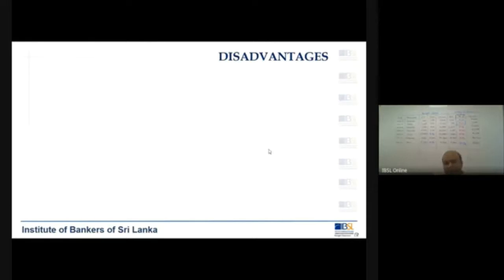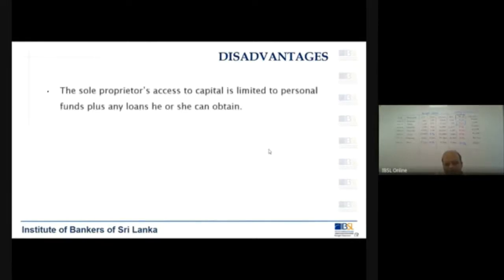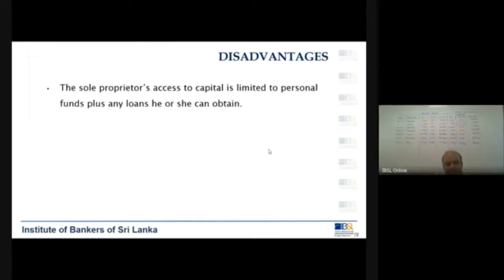Like the advantages, there are disadvantages also. The sole proprietor's access to capital is limited, which is to personal funds plus any loans he or she can obtain. Now, this is one of the critical factors. Let's say you start up a business by putting in 50,000 and you see that the business is growing, in the sense there is a lot of potential where you can make more money.